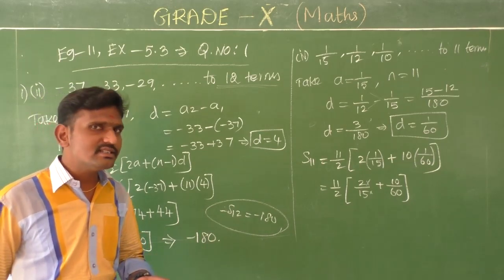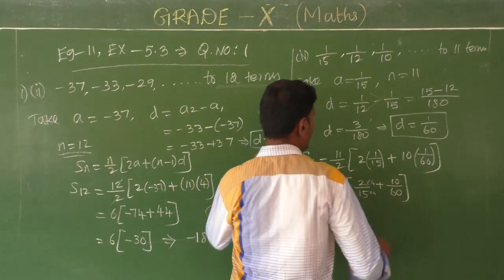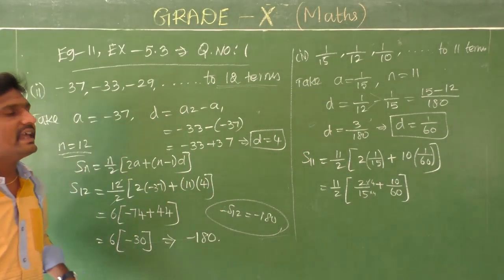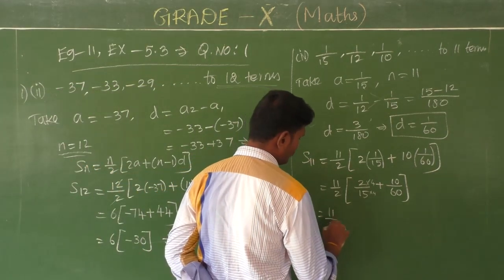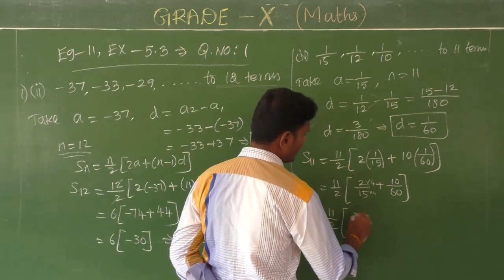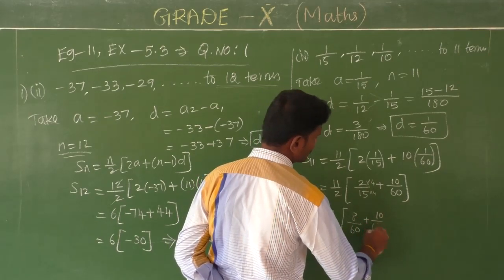How many 15s are 60? Yes, 4. 4 15s are 60. Now I multiply 4 in the numerator as well as the denominator. So the answer is 11 by 2 into 2 4s are 8 by 60 plus 10 by 60.